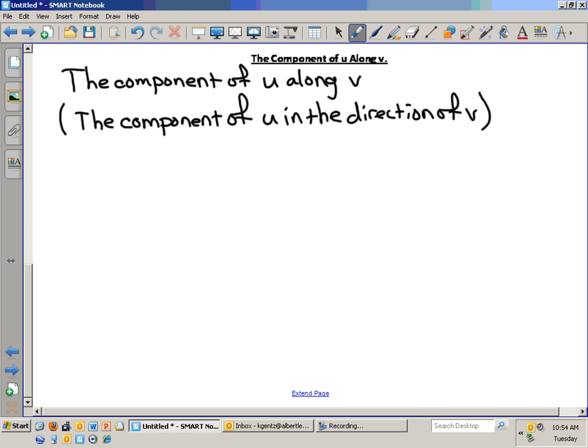Okay, today we want to talk about the component of u along v, namely the component of u in the direction of v. If you see something that looks like this, this is vector v, this is vector u.